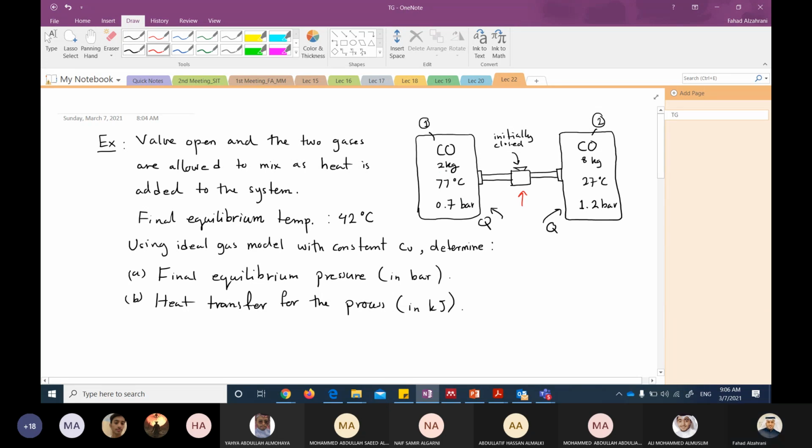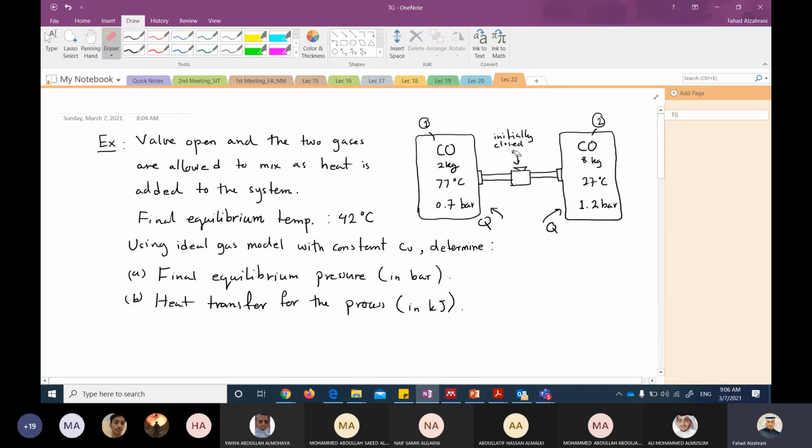Tank 2 has 8 kilograms of CO at 27 degrees Celsius and 1.2 bar. So when this valve is closed, these are the initial states of these two tanks.